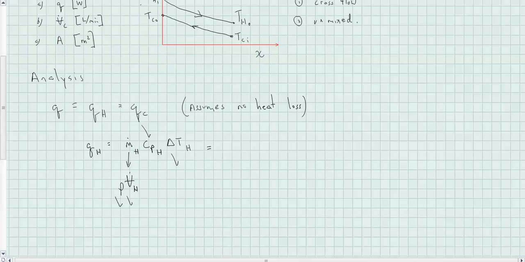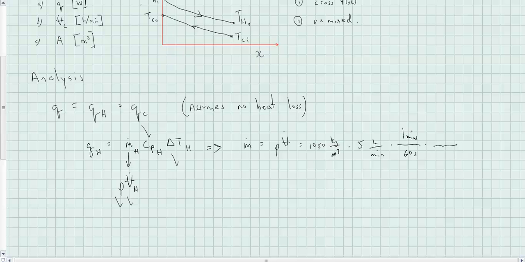The mass flow rate would be equal to V dot, which is 1050 kilograms per meter cubed, times 5 liters per minute, times 1 minute per 60 seconds. We're seeking kilograms per second.